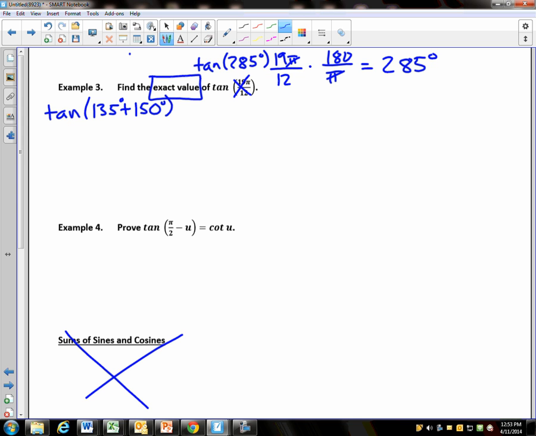So this becomes the tangent of 135 plus the tangent of 150 divided by 1 what? Minus, it switches, tangent of 135 times the tangent of 150.